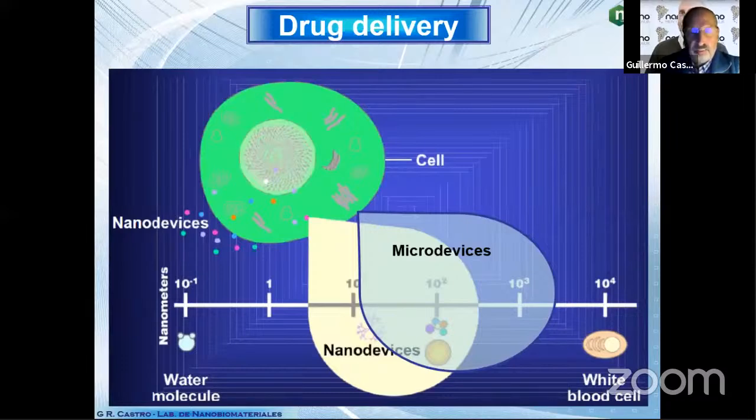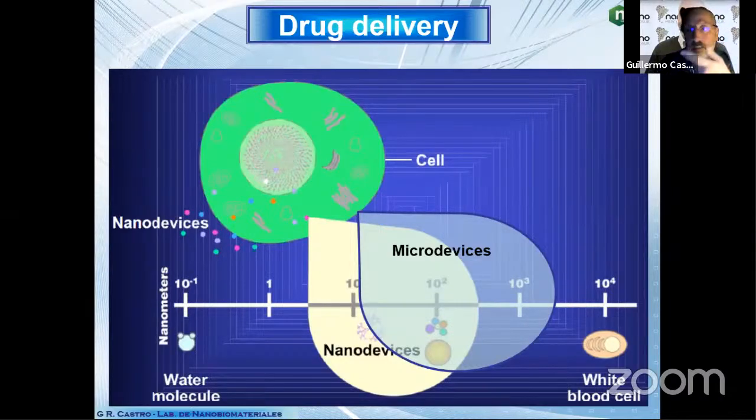The best case for that is lung administration. Right now, we have a serious problem with the pandemic. And if we want to administrate some drugs directly to the lung, we cannot use nanoparticles. We need to use micro devices. Why?